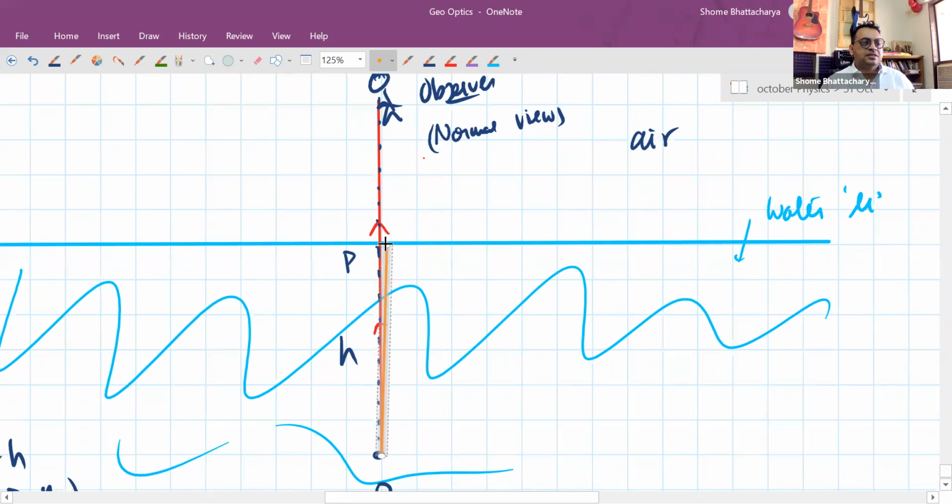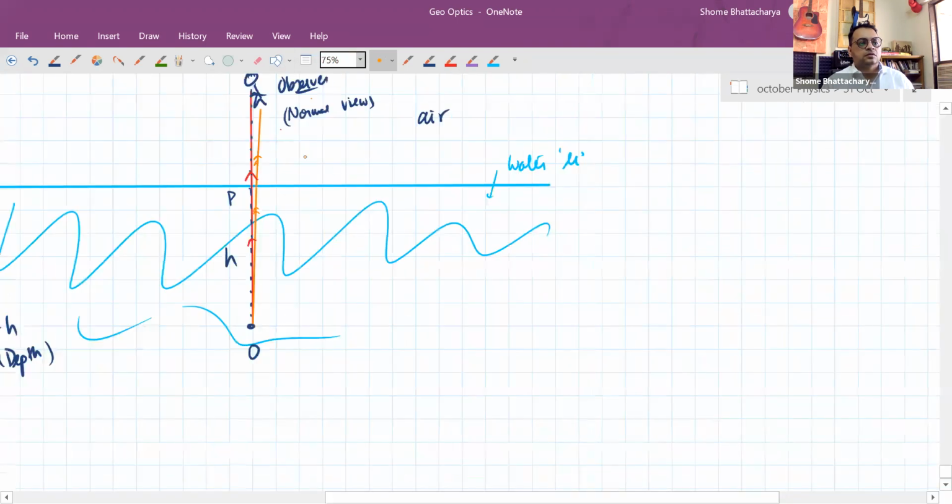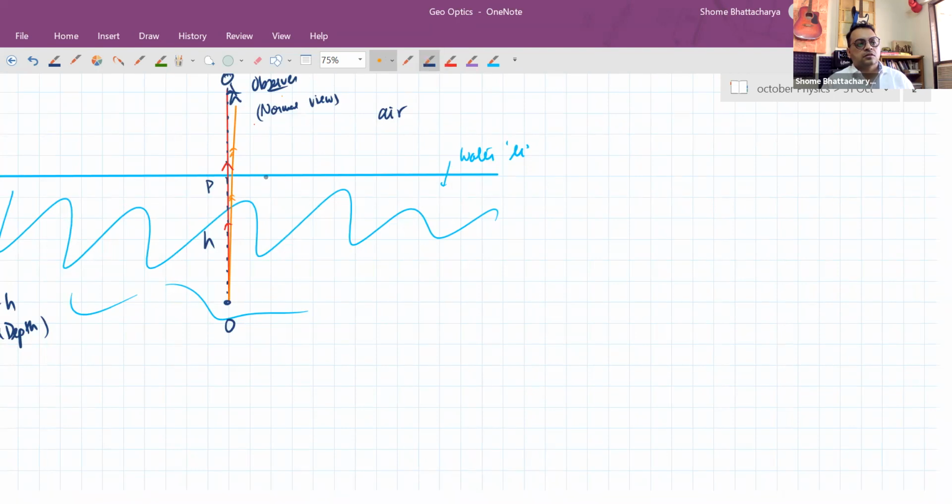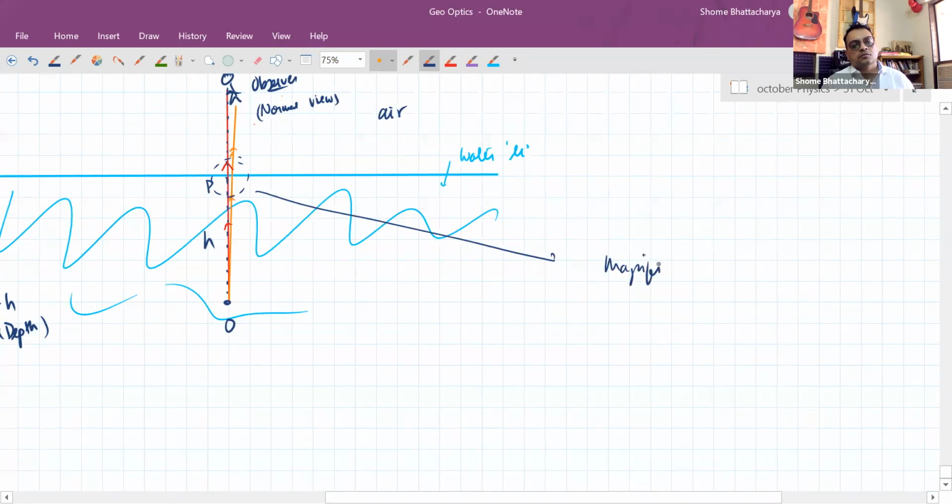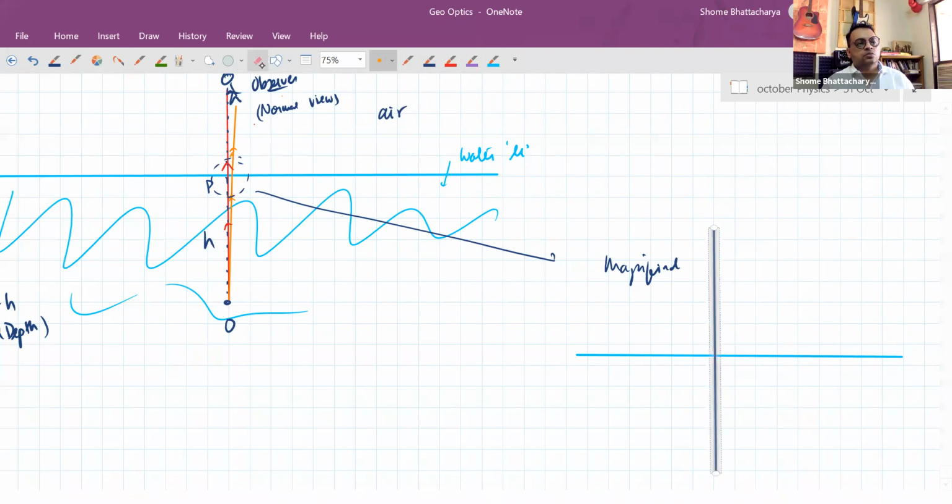Now what will happen is that this will bend slightly away from the normal. So if I draw a very magnified diagram of this, you'll see that this is your refracting surface. This is your normal.